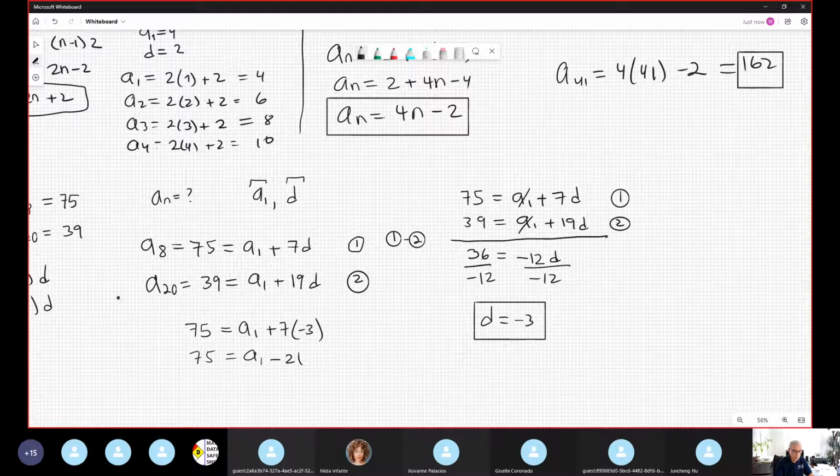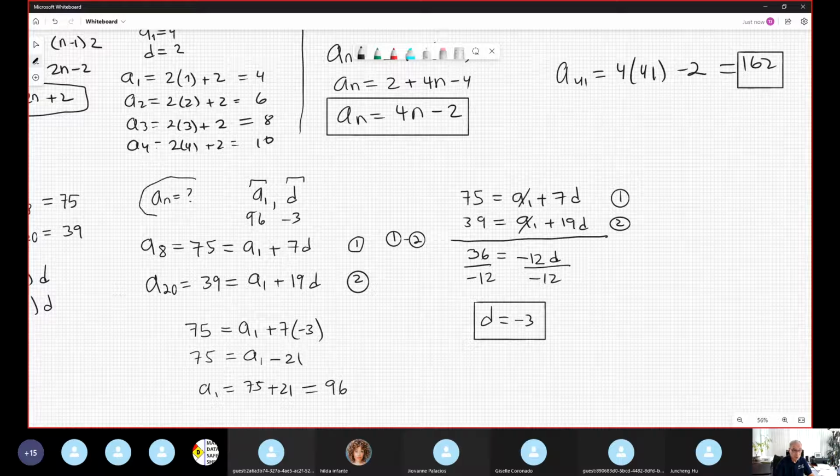Therefore, a1 is 75 plus 21, which is 96. So a1 is 96 and d is negative 3.